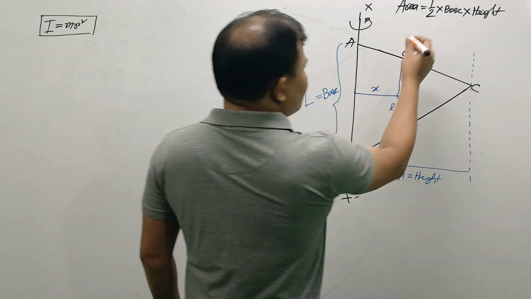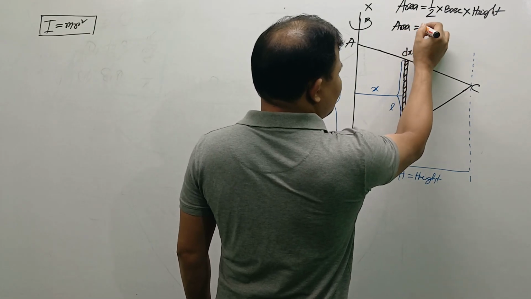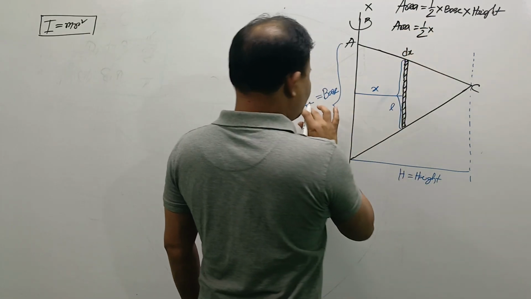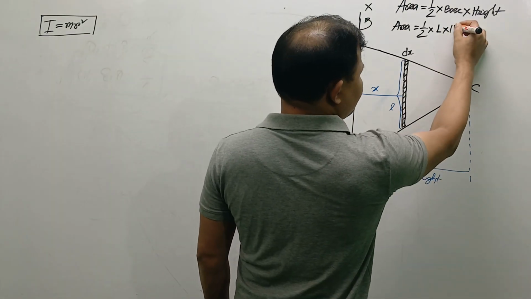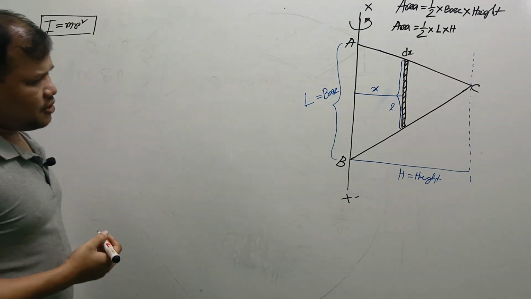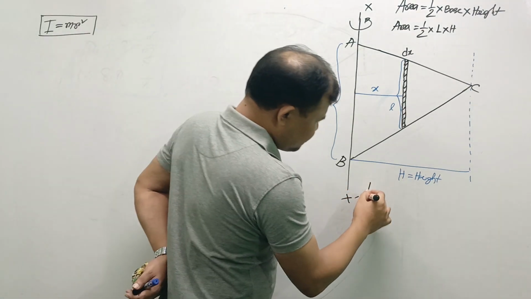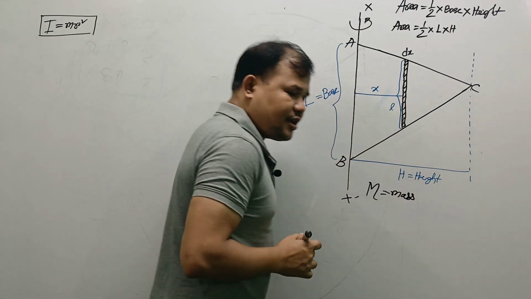The base of the triangle is L and the height is S. Suppose the mass of the triangle is M.